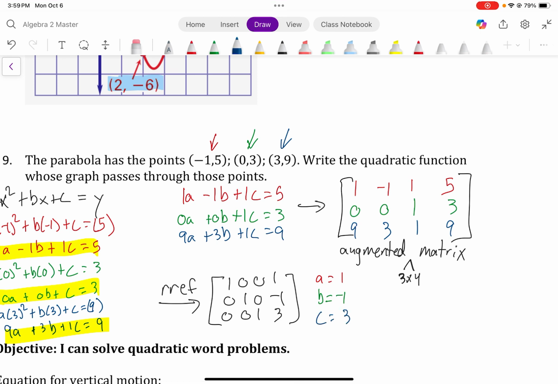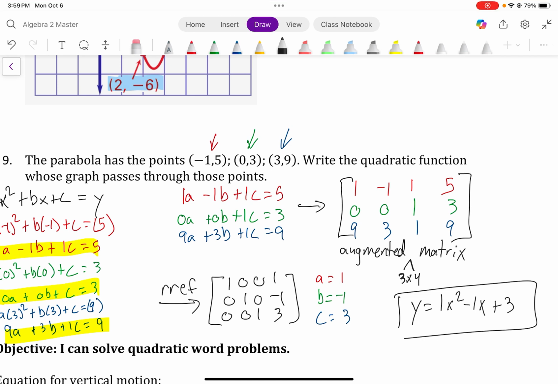The first column is the A values, second is B, and the third is C. So A, B, C, top to bottom, 1, -1, and 3. So in standard form, I'm going to have 1x squared minus 1x plus 3. I put y equals here. I could have put equals y. I could have put f of x. That would have been fine. Also, y equals 1x squared minus 1x plus 3.